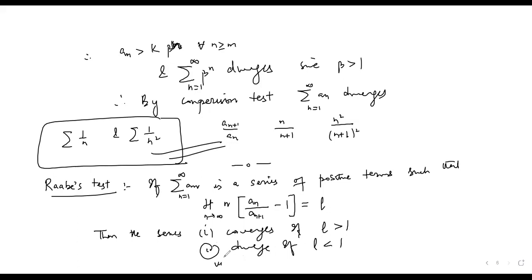And of course, again, just like before, the test fails if L is equal to 1. Again, the proof is also the same, we ultimately compare, but slightly different than the root test and ratio test we did earlier.